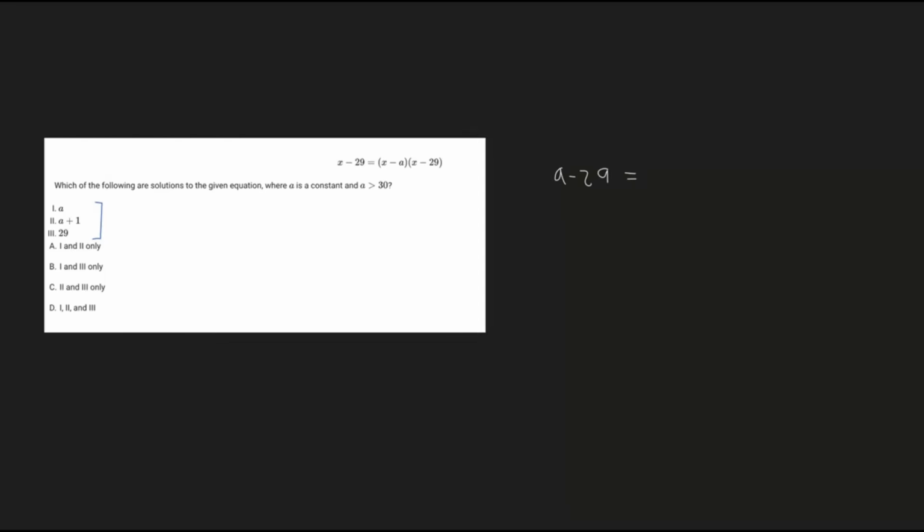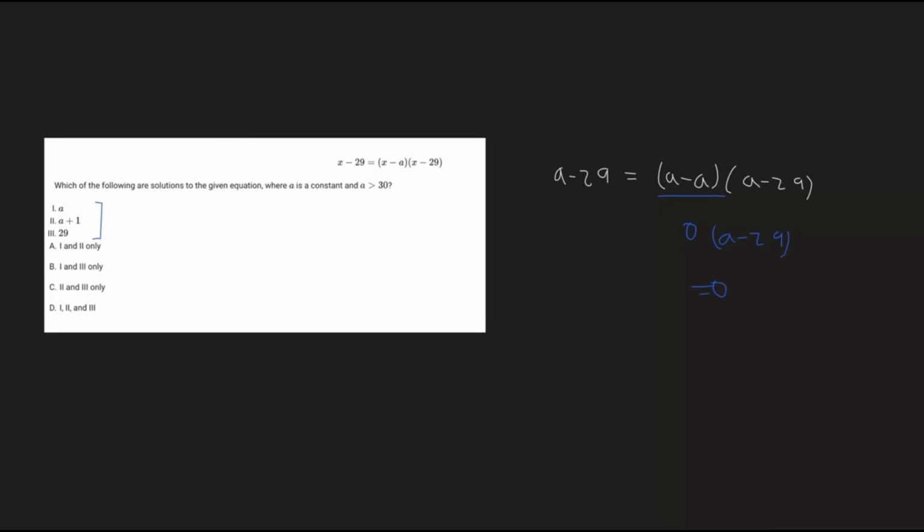And then on the other side, we're going to have x replaced with a. So we end up getting a minus a. And then that is going to be multiplied by x minus 29, which is just the same thing as before, a minus 29. Something interesting you'll realize here is that a minus a is equivalent to 0. And so anything we multiply here, say a minus 29, that will be equivalent to 0, right?